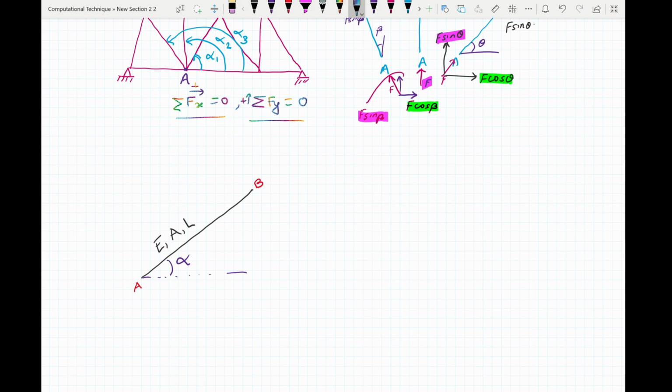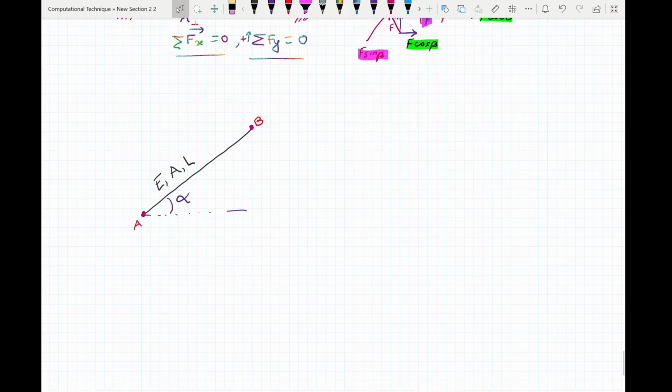Now here each of these nodes will have 2 degrees of freedom, so this can move in x direction and y direction. This also can move in x direction and y direction. Let this be degree of freedom 1, 2, 3, and 4.